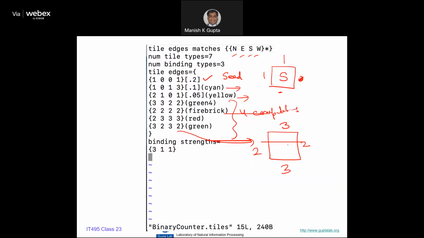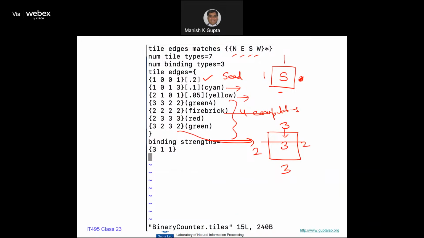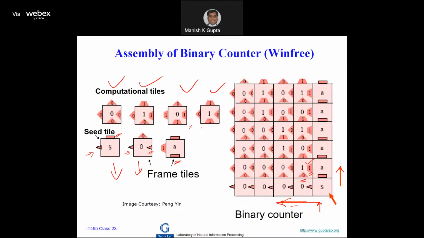So which tile is this? And this face value comes here as a 3. Let me show you which tile it is from here. You can see that this bit and this bit are the same, and this bit and this bit are the same, right? So which one is it out of these 4?